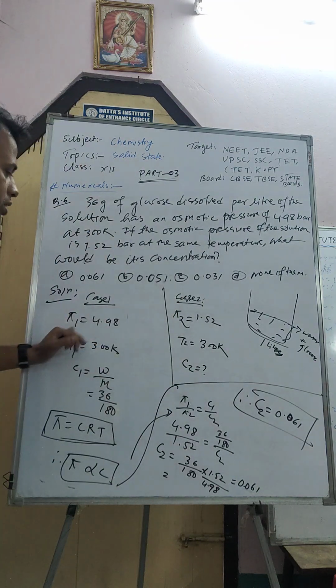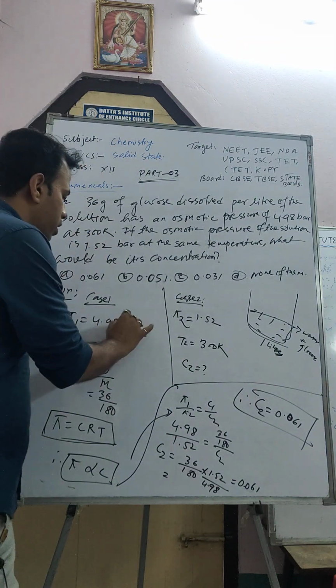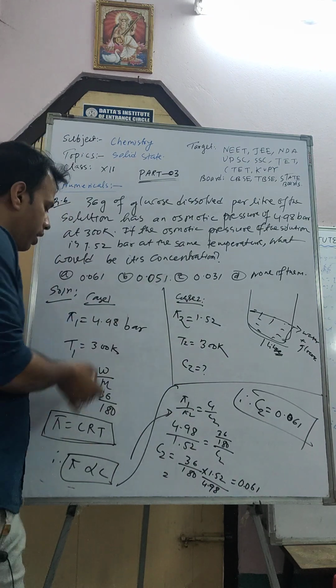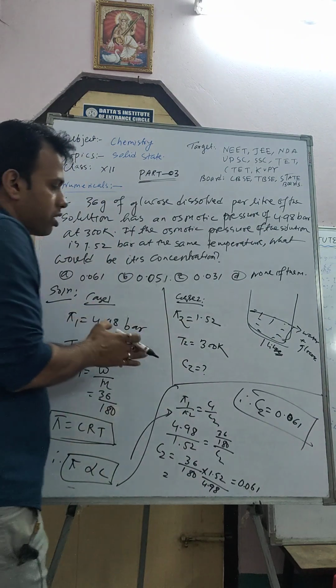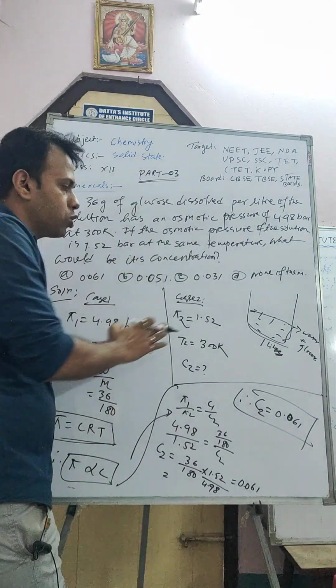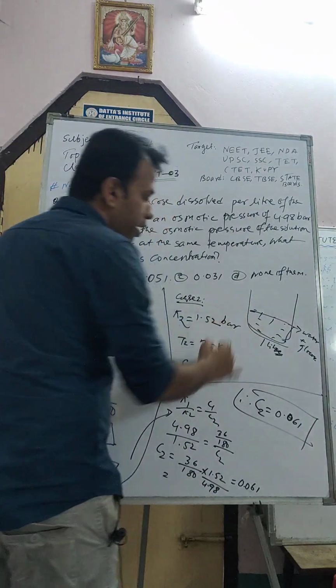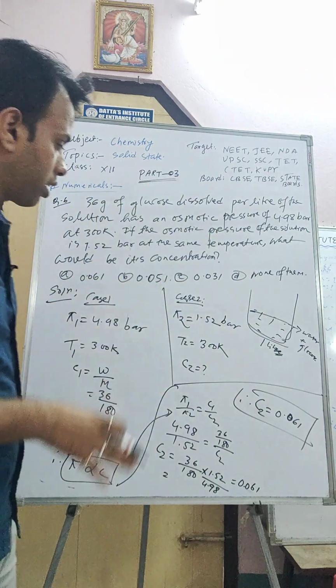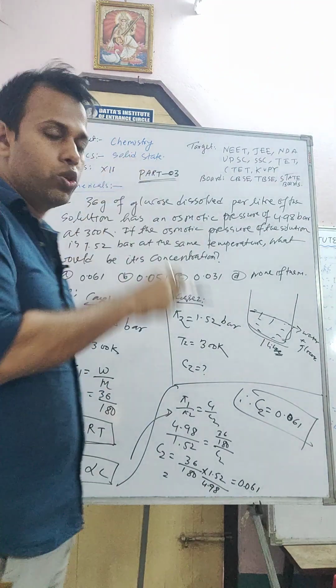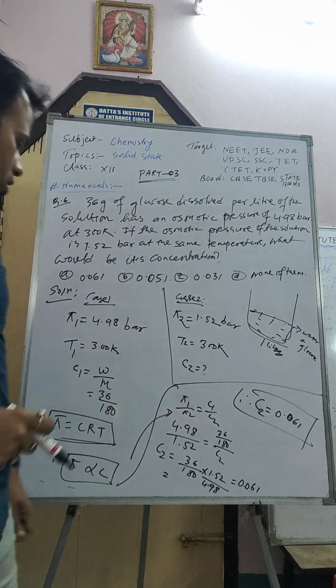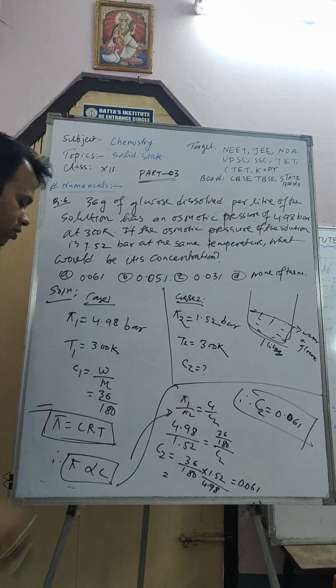Here the osmotic pressure is given as 4.98 bar, and the temperature is 300 K. In the second case, they asked if the osmotic pressure is reduced to 1.52 bar at the same temperature, 300 K, what will be the concentration of the solution? So we use the formula pi equal to CRT.